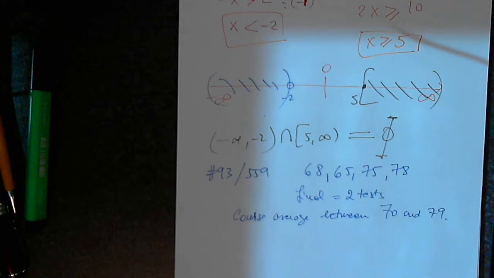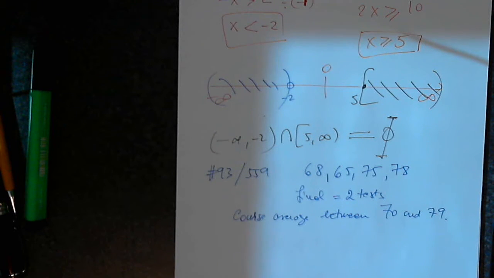So let's read the problem one more time. Make sure I have my notes in order, and then we'll think about it. So he has 4 scores, 68, 65, 75, and 78 on algebra tests, and we're asked to use a compound inequality to find the scores he can make on his final exam to receive a C in the course.